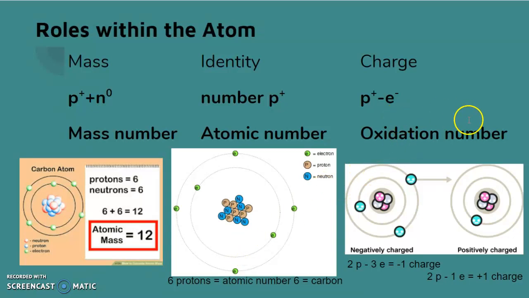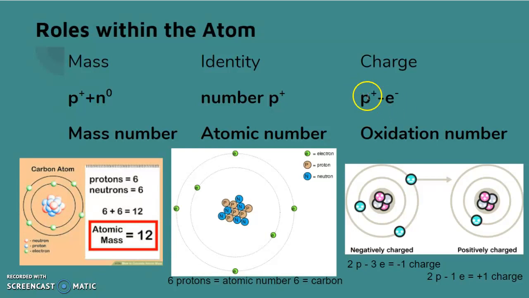Then finally, we have charges of our atoms. When you see an atom on the periodic table, if you assume that the number of protons and electrons are equal, those atoms have no charge. But you could have different numbers of protons and electrons.